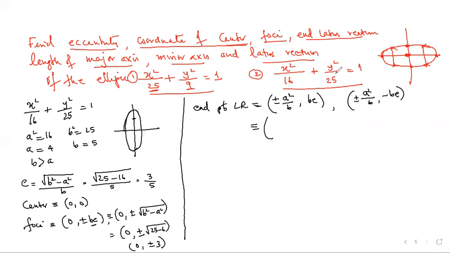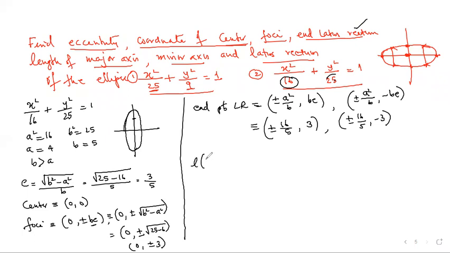A square is 16, b is 5. And b you already calculated as 3. Yeah. So plus or minus 16 by 5, comma 3, and minus 3. So this is over.